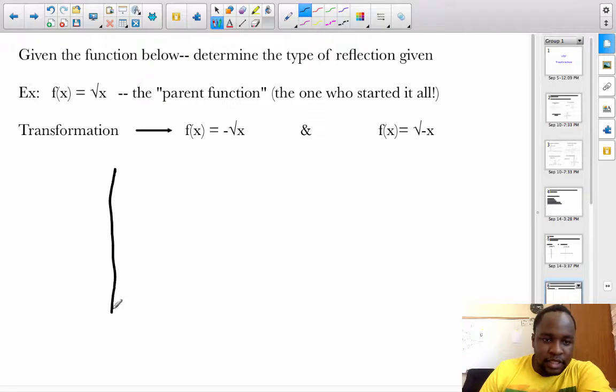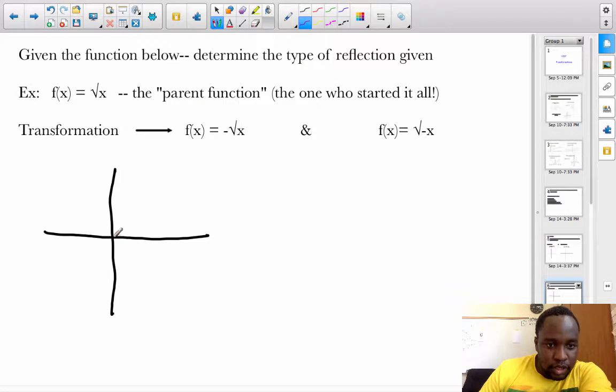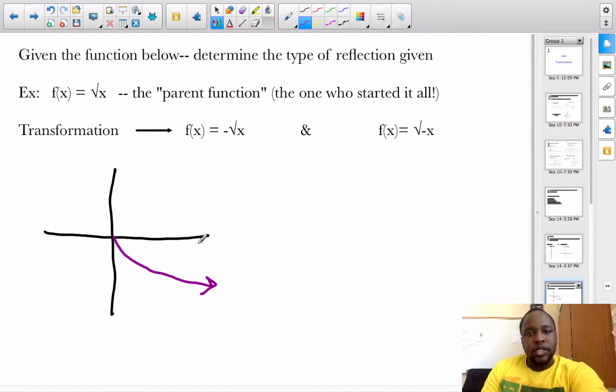So if we have our axes, it would look like this, because it's being reflected over the x-axis.